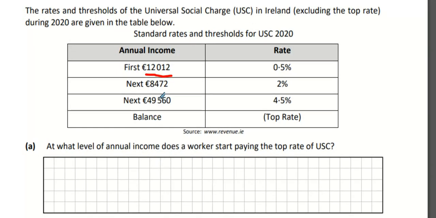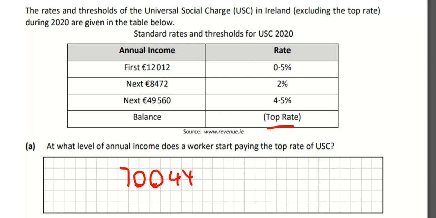So here's what you're going to do. See all these incomes combined? Add them all together. Once you add them all together, is everybody happy with 70,044? There you go, Alex. After you make 70,044 euro, you start paying what's called the top rate of USC tax.